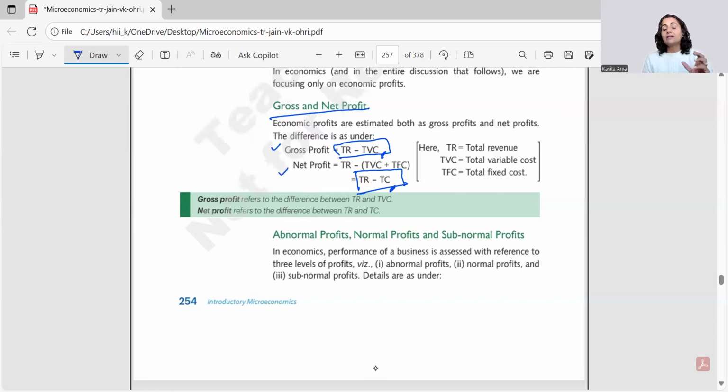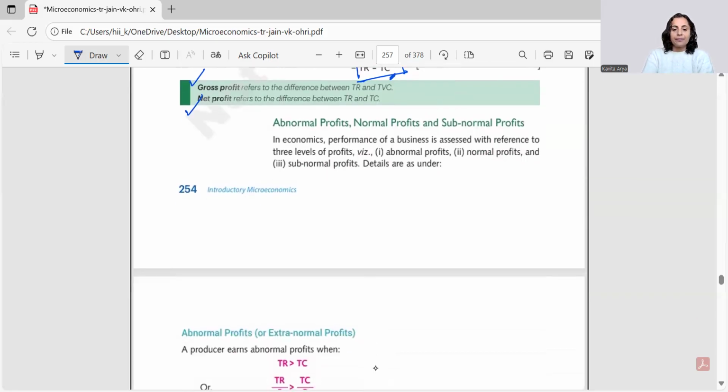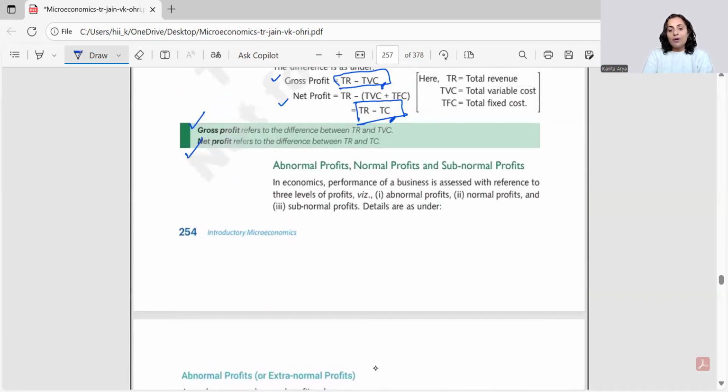But net profit is a clear profit, that yes, whatever we have put in the business in terms of expenses, we are able to recover that. So point is, we have two formats of understanding the profits, the gross profit as well as the net profit here. Okay.